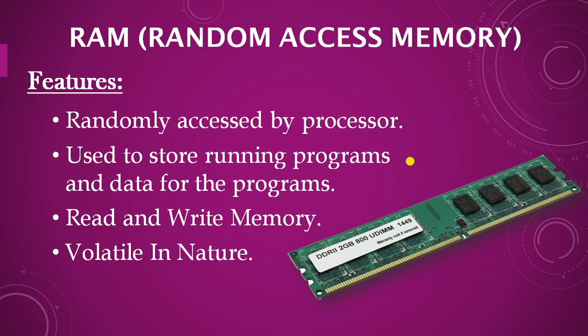You can read from the notebook, you can remove the content, you can write again, you can read from it. Just like that. This also is volatile in nature, as it's a part of primary memory. RAM increases the speed of the computer. The more RAM you have, the more speed you will gain. In my laptop, I have 4 GB of RAM. If somebody has 6 gigabytes of RAM, that computer will work faster.